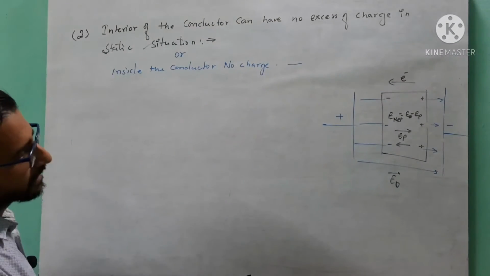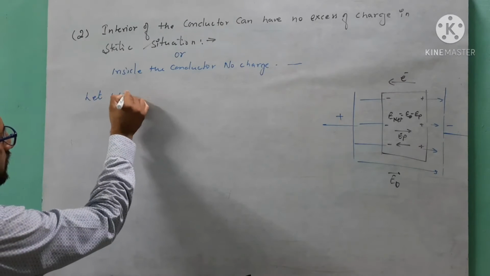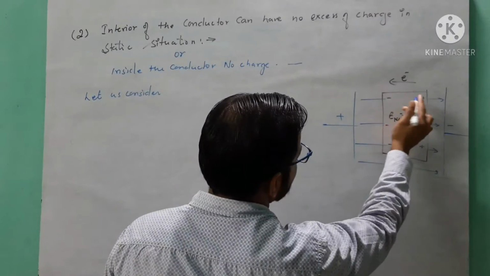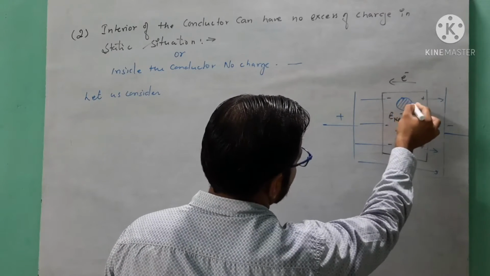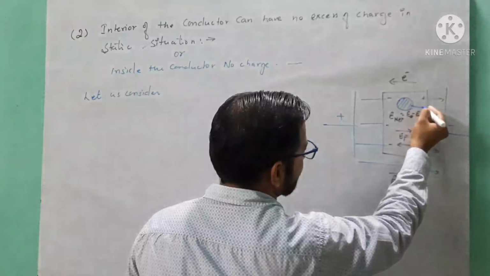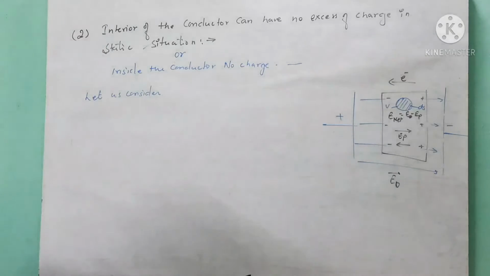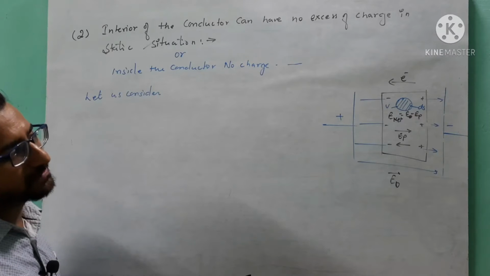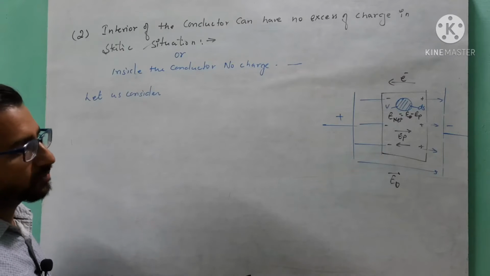For that we can consider, inside the conductor, an elementary area ds enclosed by volume V. Then we can use the Gauss theorem for this elementary area, so that we can easily get the value of Q equal to 0.